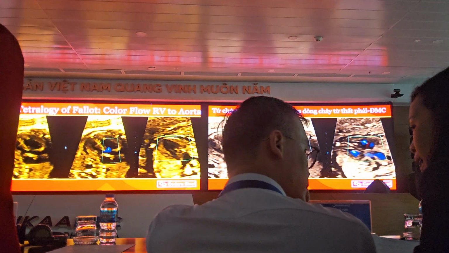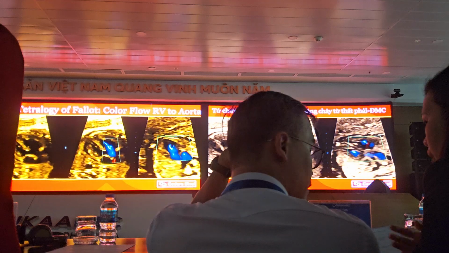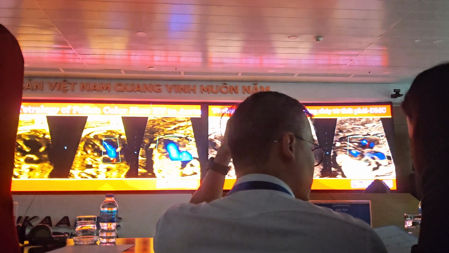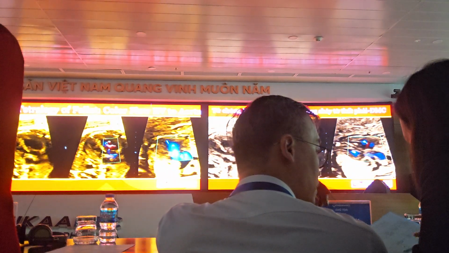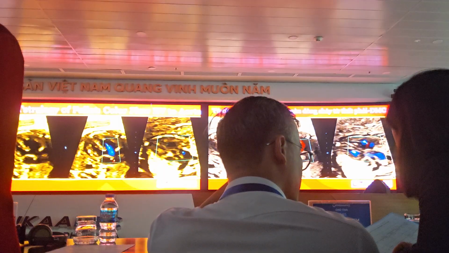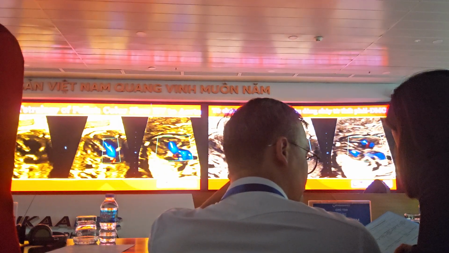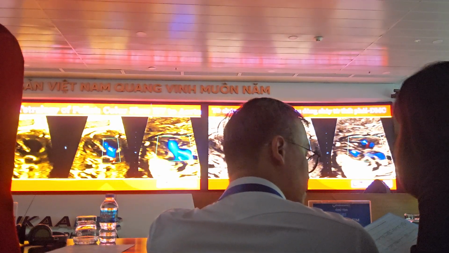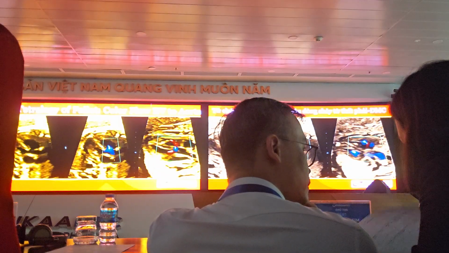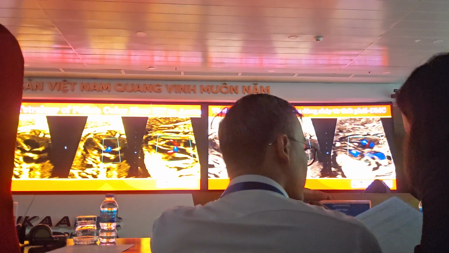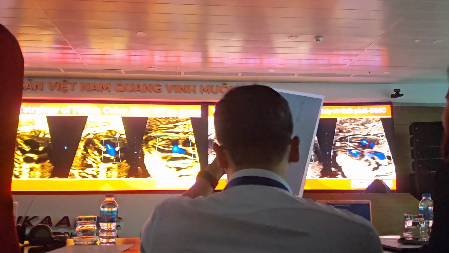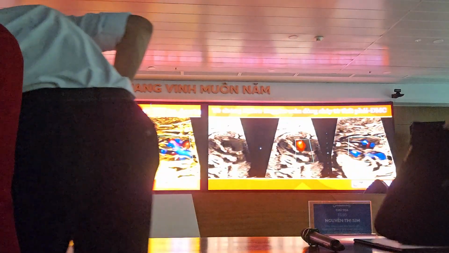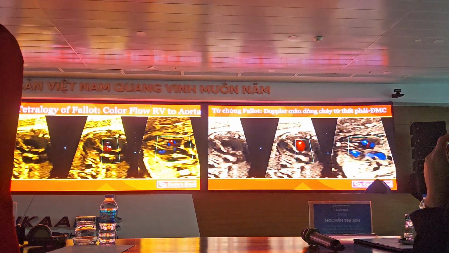Blue from the right ventricle into the aorta. Then as you sweep towards the fetal head, you can see the right ventricular outflow tract is different. There's the blue into the aorta, and then you come up and see the right ventricular outflow tract, so they're different. As you're scanning, you go back and forth to see if it's really different or if you're looking at the same flow.